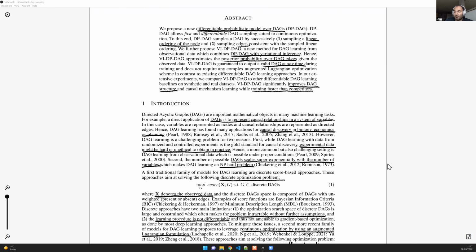DAGs are very common, used everywhere. Specifically, the idea is that you want to model causal relationships. These appear in many applications, like causal discovery in biology, economics, or planning.